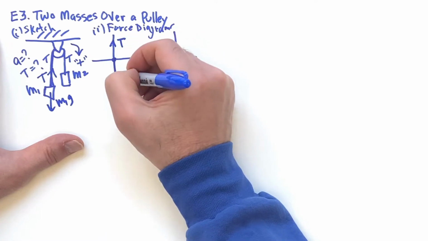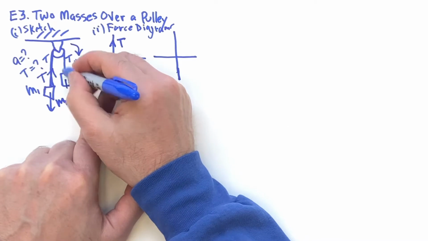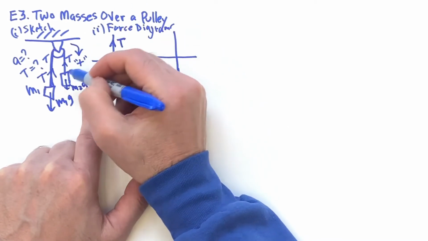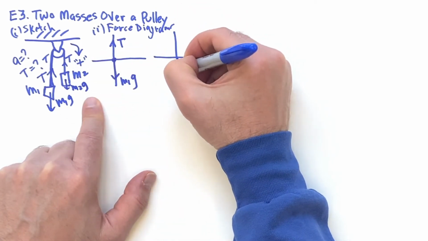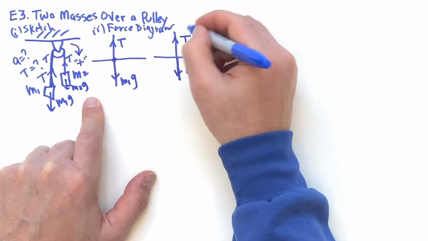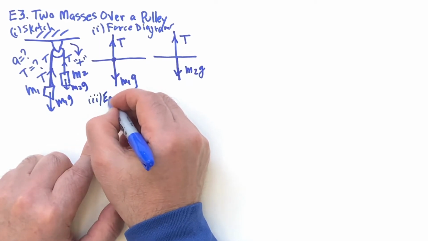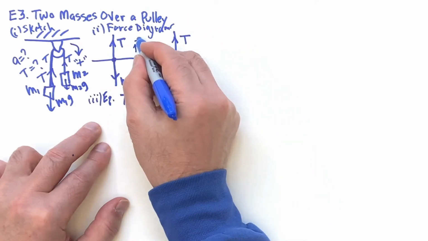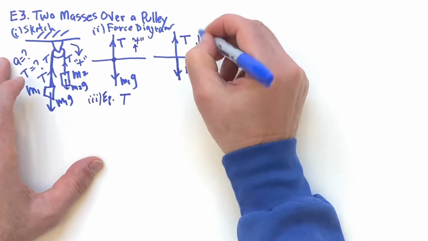So you have T, M1G. Then over here, T goes up and you have M2G. I probably wouldn't do that in a homework problem. I would just do it over here. Don't want to clutter that up. So M2G, and there's T going up. And then for the equations, T goes up, because up is positive in our convention that goes along with positive here.